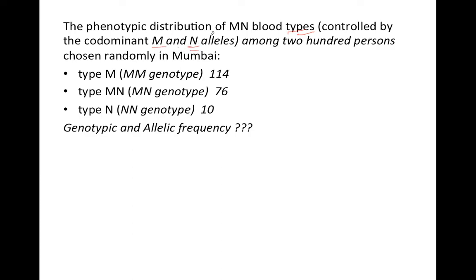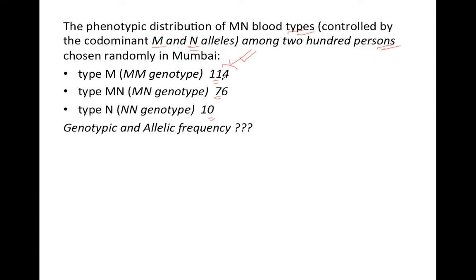This is among 200 people in a city, say Mumbai. Now the MM genotype is 114, MN is 76, NN is 10. So what would be the genotypic frequency?